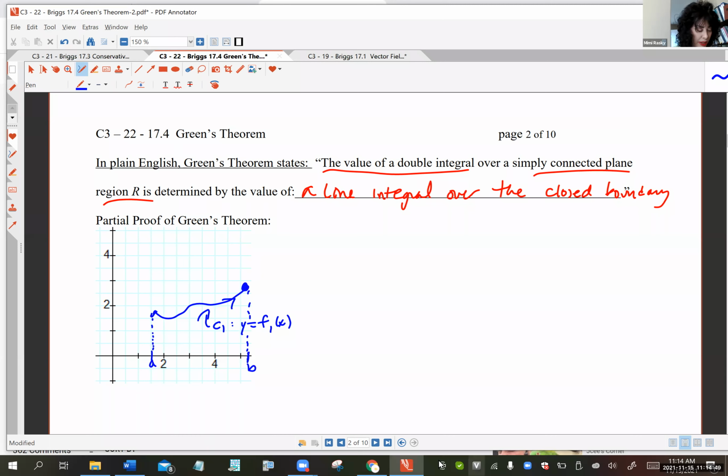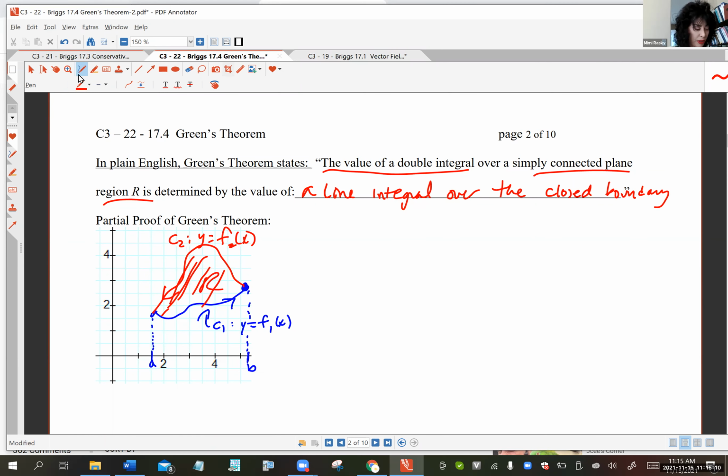We've got to end up ending this curve where we started. So let's just say it goes and ends up where we started. So there's C2, and let's say C2 is given by y equals f2 of x. Okay, this is the region here.